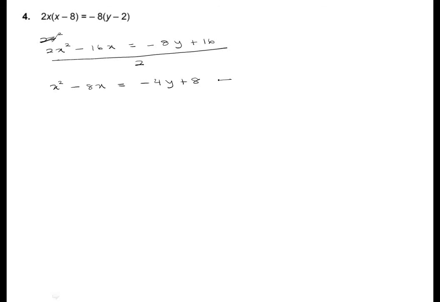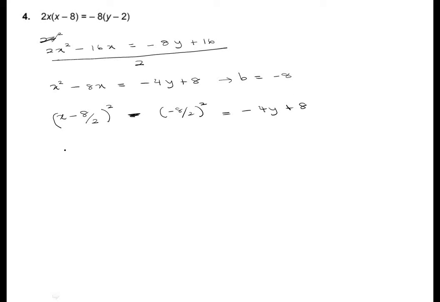In this equation, our b is equal to negative 8. We will ignore negative 4y because the squared variable in this equation is x. So we take the b value also from variable x. Take x, then minus b over 2, so minus 8 over 2, squared, minus negative 8 over 2 squared, equals negative 4y plus 8.